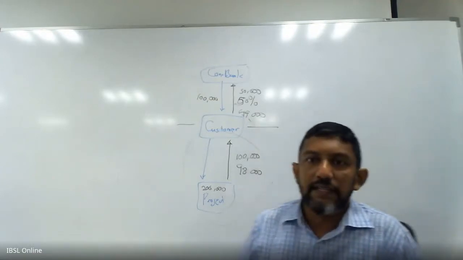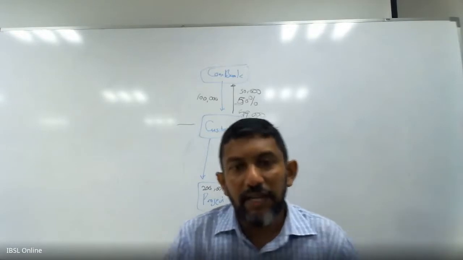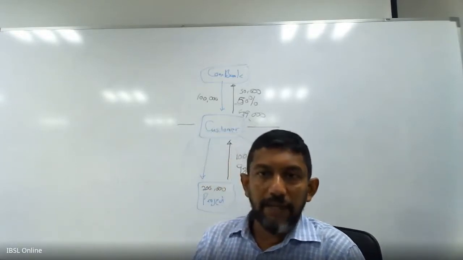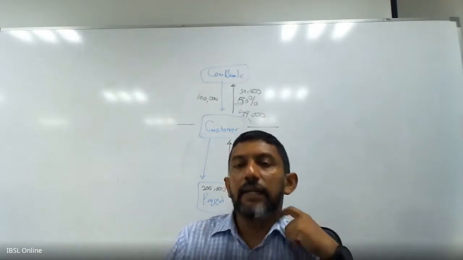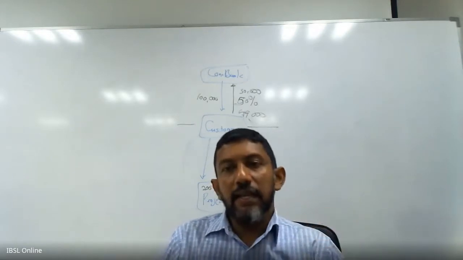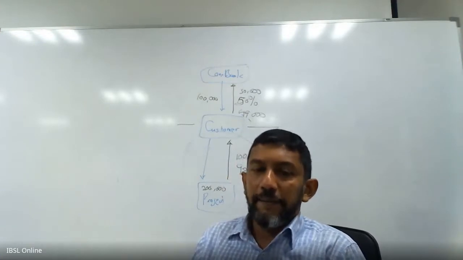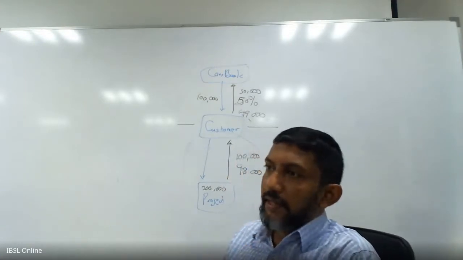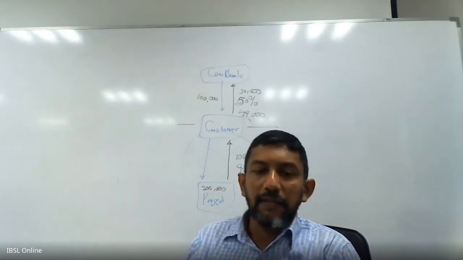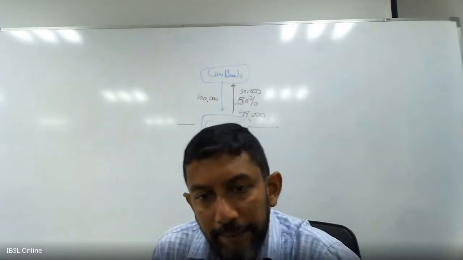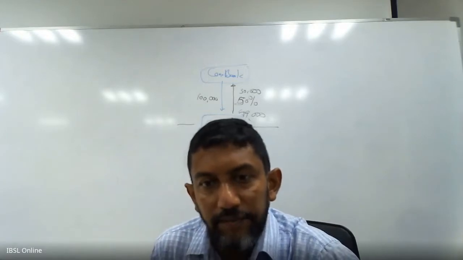So the conventional loan, where we give capital and determine the interest, is completely different to the Islamic banking product of Musharaka.